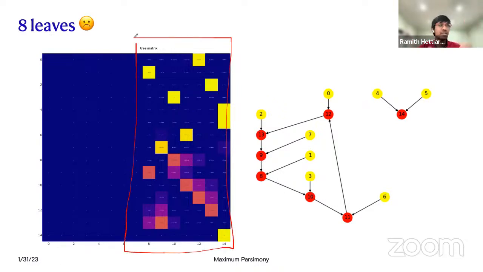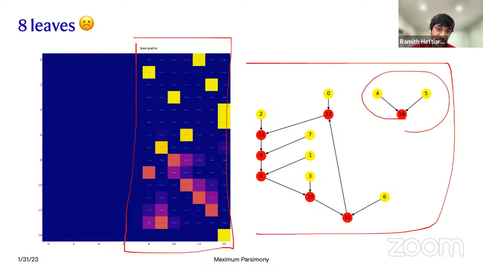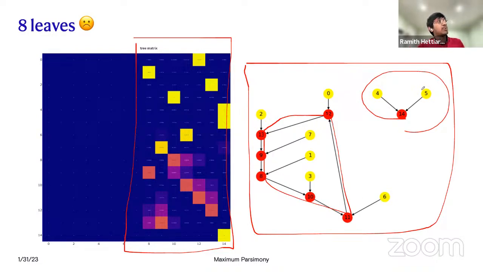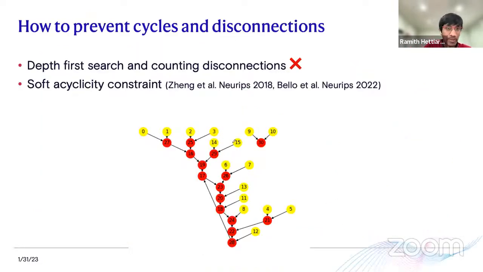Ideally we want to search for trees, but what we end up with are things like disconnected components. Any adjacency matrix can represent a graph, but it can have cycles as well. Here there's a cycle, and here there are disconnected components. It was hard to prevent cycles and disconnections when I parameterize in this manner.